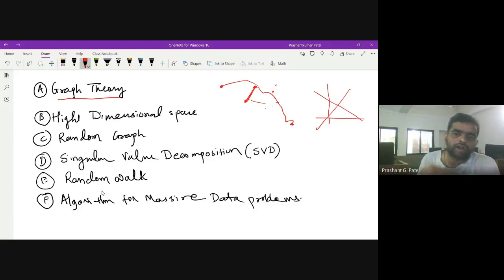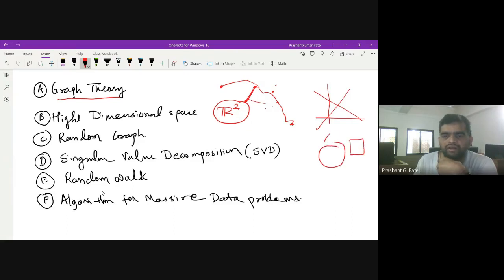If I talk about R2, that means it is a two-dimensional space. There we can talk about the circle, square, triangle, and so on. Then the next question you can ask is, what will be the area of the circle? Then you can go to R3, a three-dimensional space, where we can talk about well-known objects like sphere, ellipsoid, cuboid, and so on.